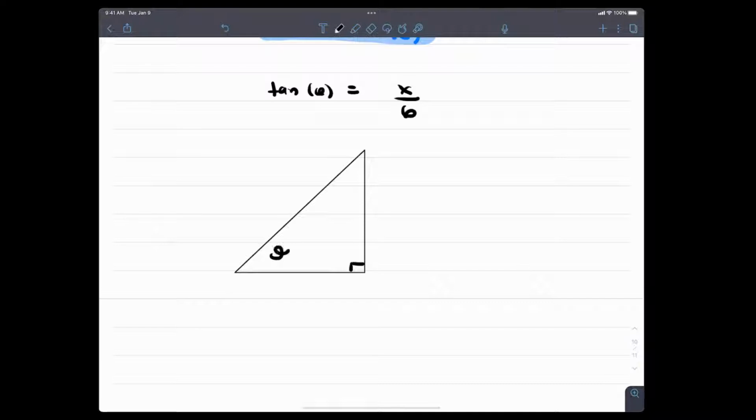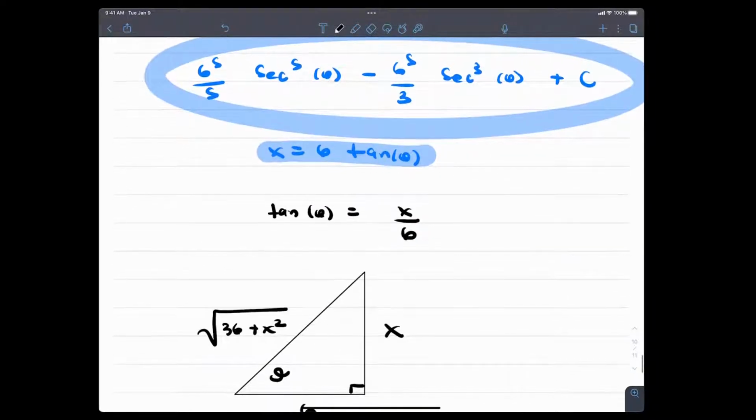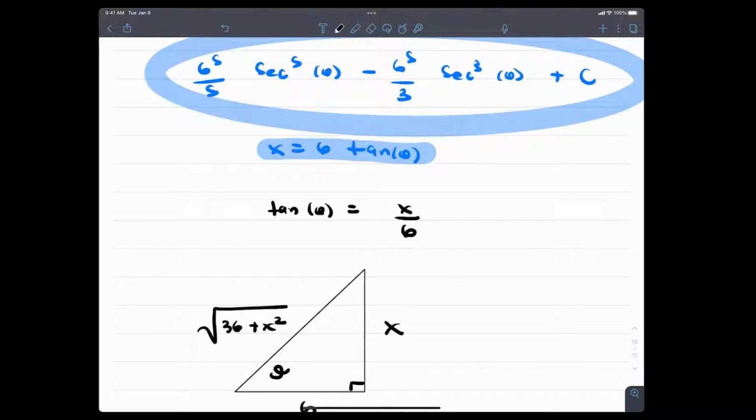So here's my right triangle with theta again. What's the definition of tangent? Is that opposite over adjacent? Is that true? What do you think you're going to get here? 36 plus what? By the Pythagorean theorem. So notice what we need. Don't we need a secant?